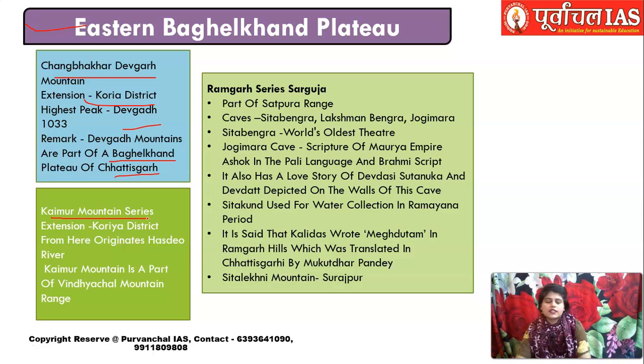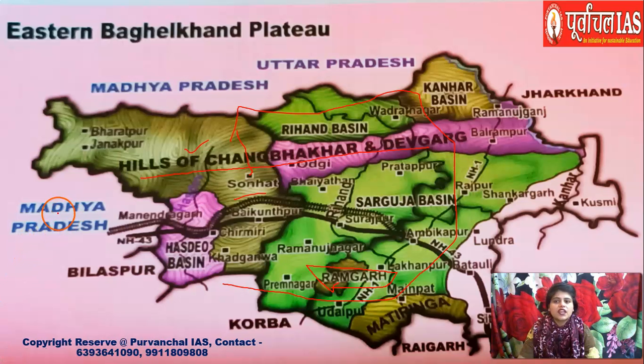The Kaimur series is present in the Eastern Baghelkhand plateau, the extension is in Korea district, and from this Kaimur mountain the Hasdev river originates.